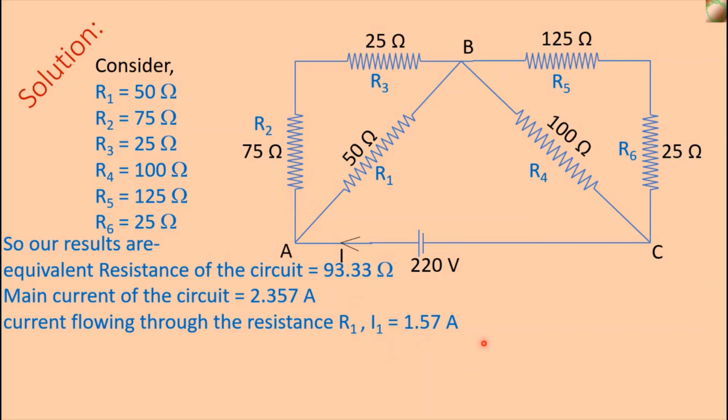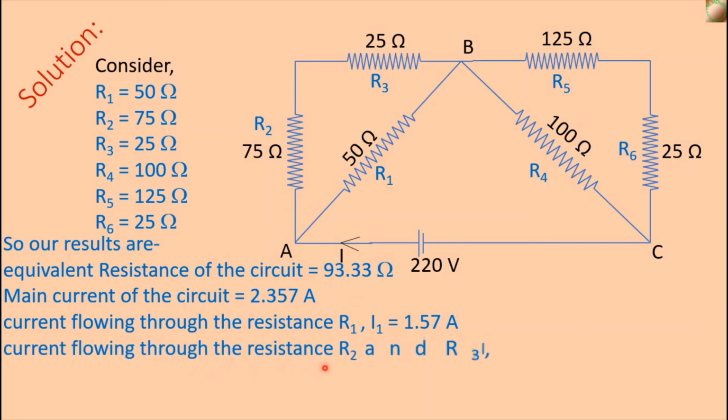I1 is equal to 1.57, and the current flowing through R2 and R3, I2, is equal to 0.78. Here 0.78 plus 1.57 is equal to 2.357. That is, this current I of 2.357 is split into two parts. One part is 1.57 ampere and another part is 0.78. So 1.57 plus 0.78 is equal to the main current 2.357 ampere.